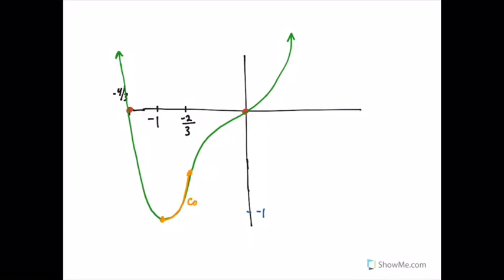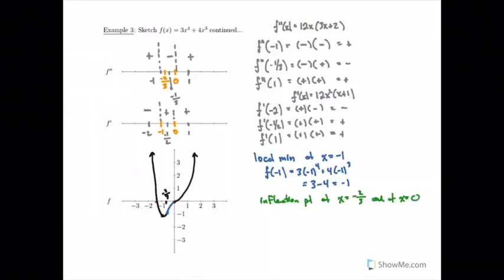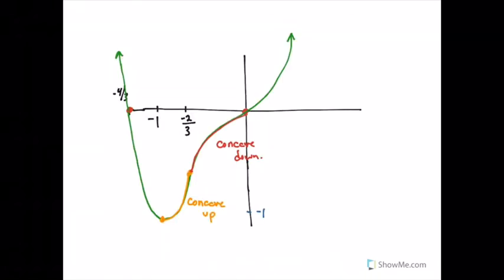So this is concave up. And this section is concave down. It's subtle, but there is a difference in those points. We can see it a little bit in our small graph, but if we do zoom in, it's a little bit easier to see.